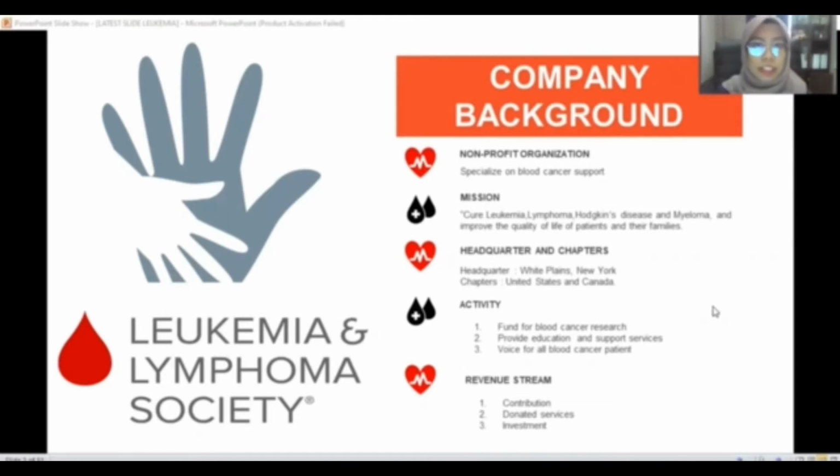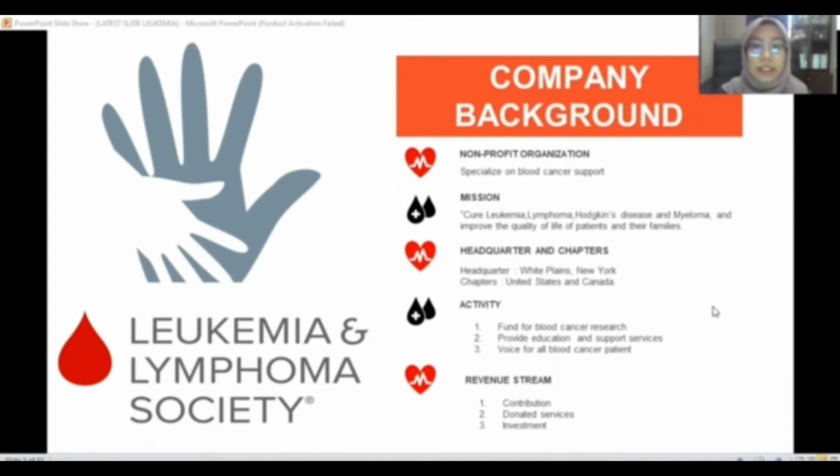Along their journey, LLS only uses a traditional fundraising mechanism, where they only focus on conducting campaigns in order to raise funds from society. LLS conducted large health-centered events, which target only small individual donors. There are several core campaigns that have been conducted by them, which are Team in Training, Light the Night Walk, and Pennies for Patients.